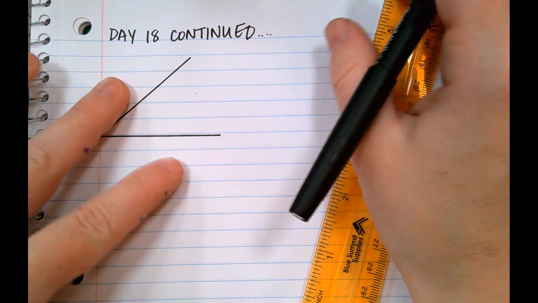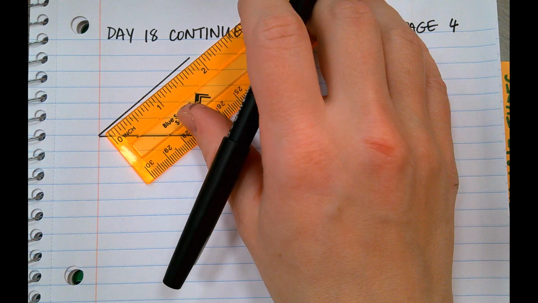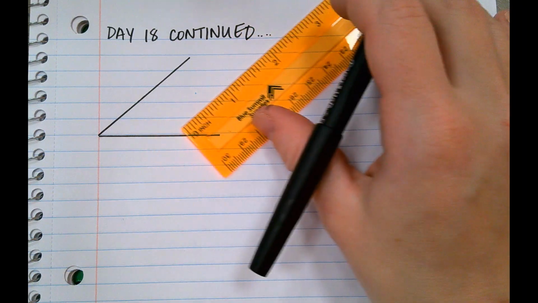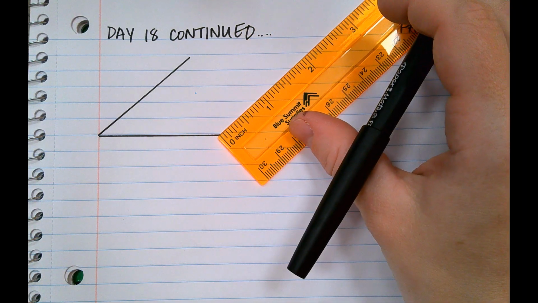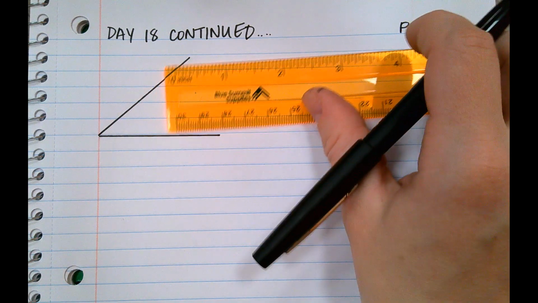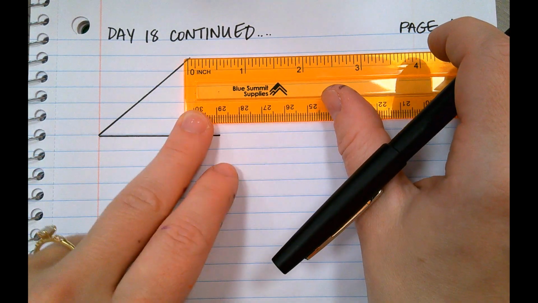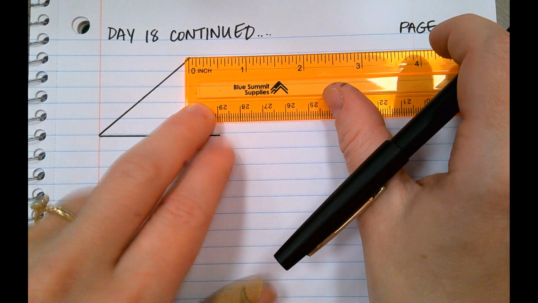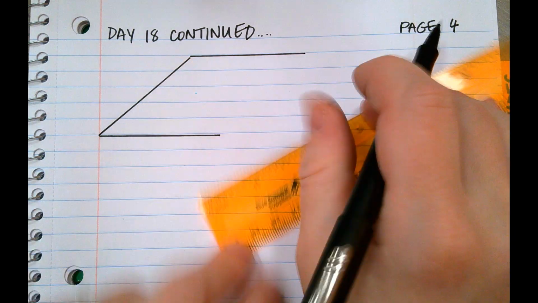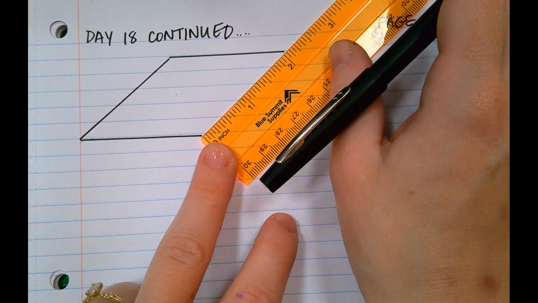Then I'm going to take that second side I drew and do 2 inches from that second side, right here. And now my fourth side will be a little easier.